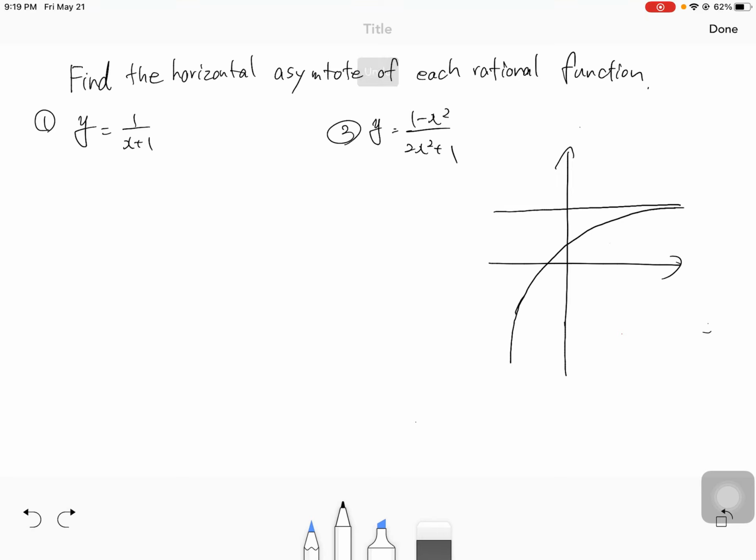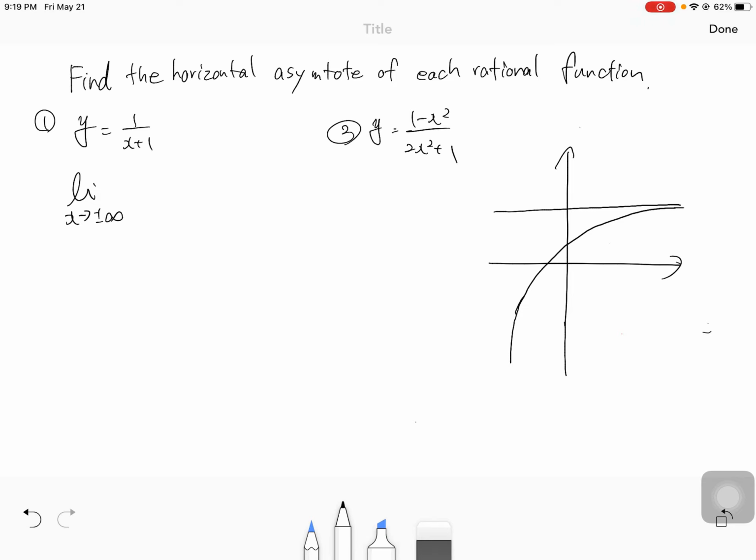But how do you find the horizontal asymptote? It's actually pretty simple. What you have to do is find the value of y when x is really big or really small, which means when x is getting close to infinity or negative infinity.